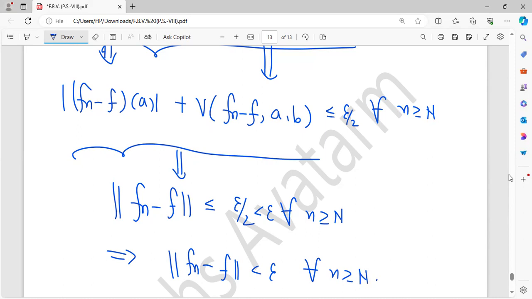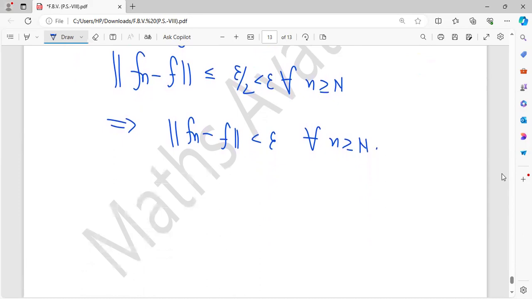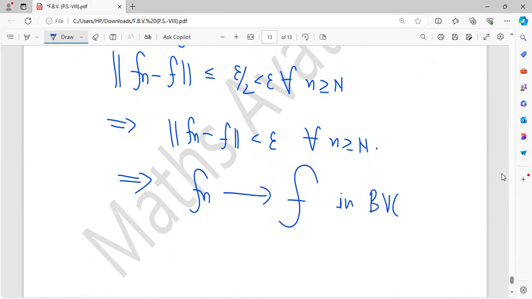It means this implies that Fn converges to f in the metric d.